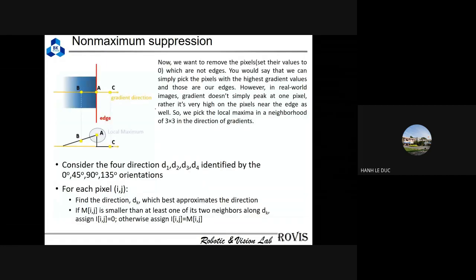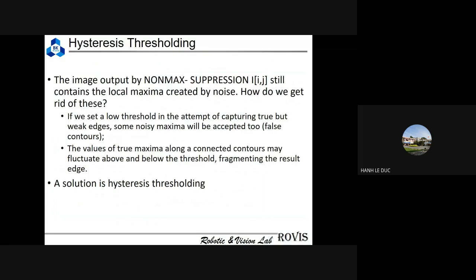After this step, you already have the edge of 1 pixel, but it still has a problem, because the non-maximal suppression just gives you the local maxima. So to complete it, we have to do the heuristic thresholding.